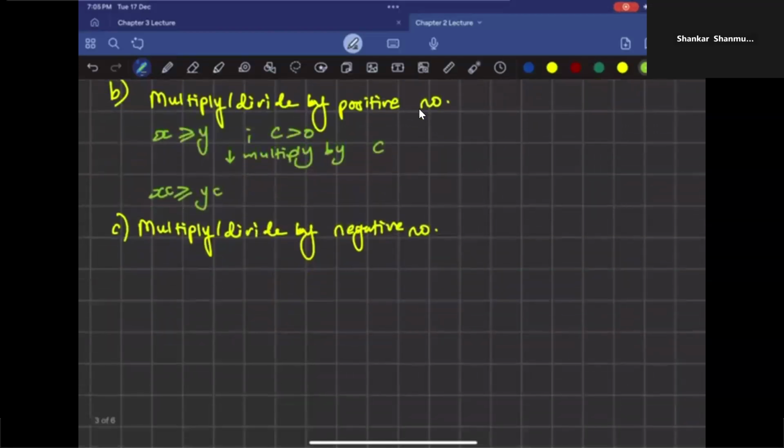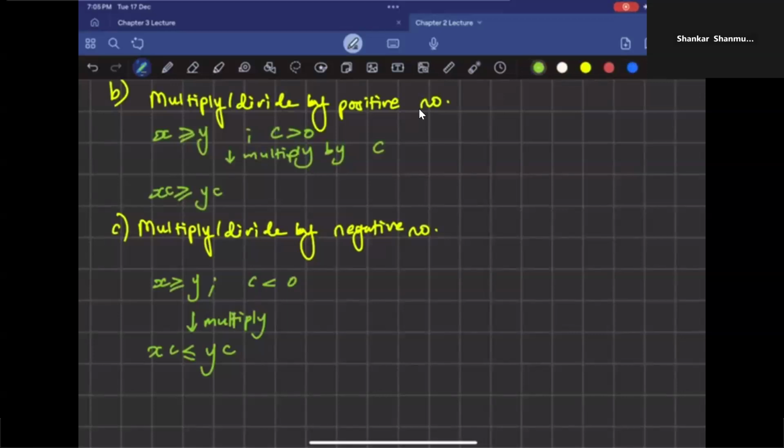However, if you multiply it by a negative number, so let's say initially you had x is greater than or equals to y, then now given that c is less than 0, okay? So that's the only difference. So when you multiply, you'll get xc is less than or equals to yc, okay? So that's the only difference.